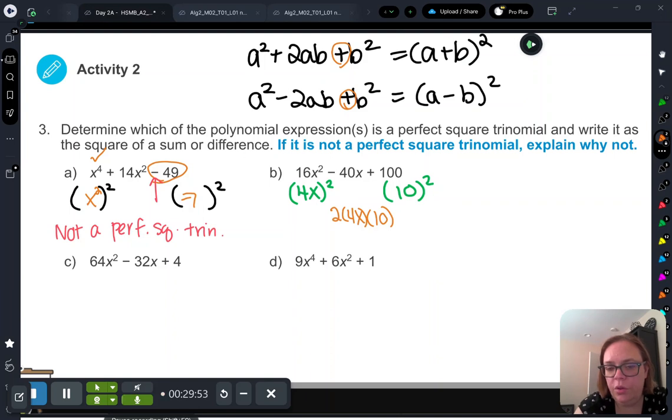If you do 2 times 4x, that's 8x. 8x times 10 is 80x. Oh, it's not. Nope. Not a perfect square trinomial because that middle term was not doubled. That's really important that it's doubled. Okay, so not a perfect square trinomial.